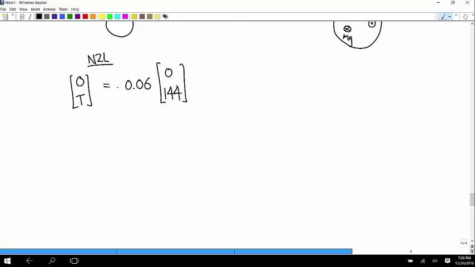The x equation doesn't give anything useful, but the y equation says T is equal to 0.06 times 144, or 8.64 newtons.